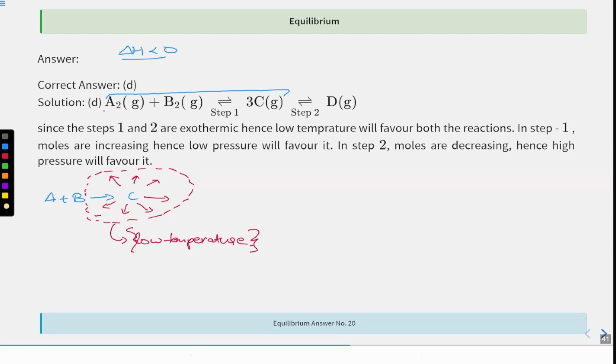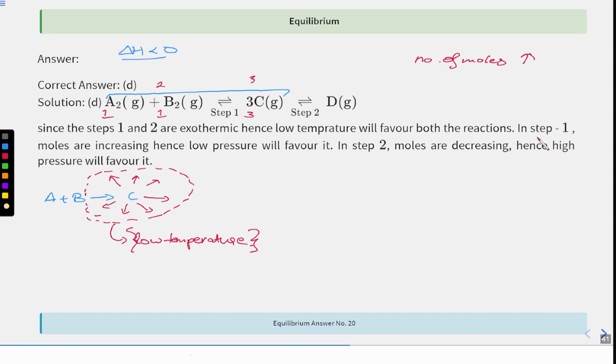Okay. So here you had one, but you're forming three moles. So you can see the number of moles is increasing, correct? For every 1 mole of A and every 1 mole of B, you're getting 3 moles of C, which is still a lot. If you see, the reactant side has 2 and the product side has 3, that is still a lot.